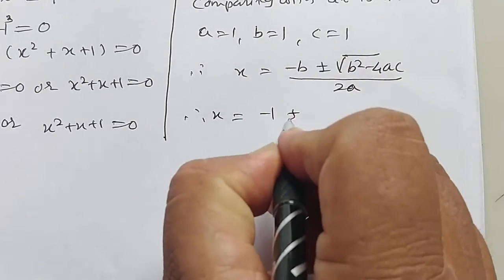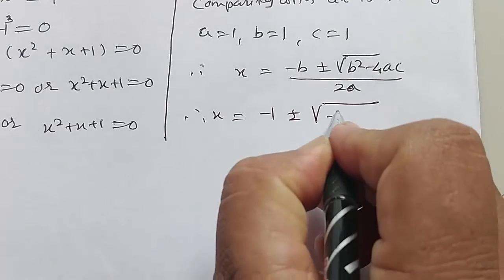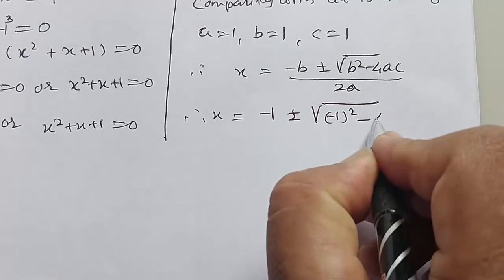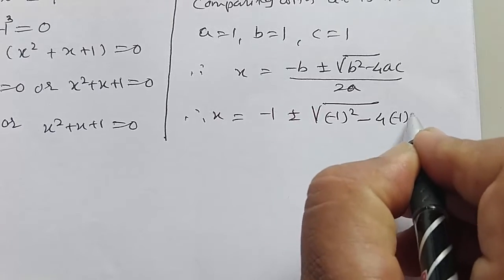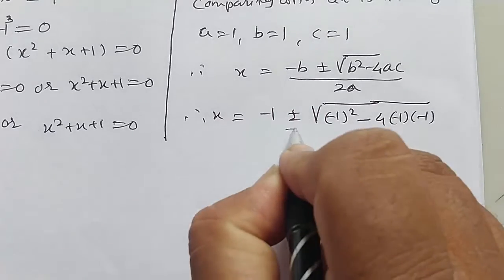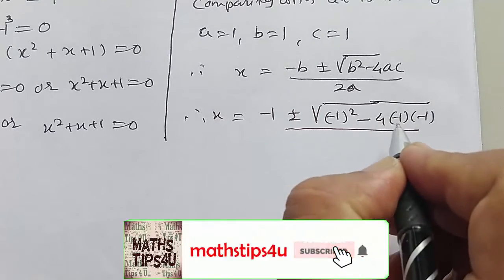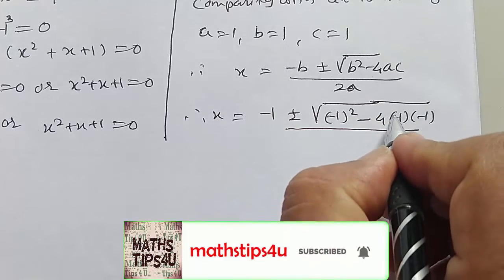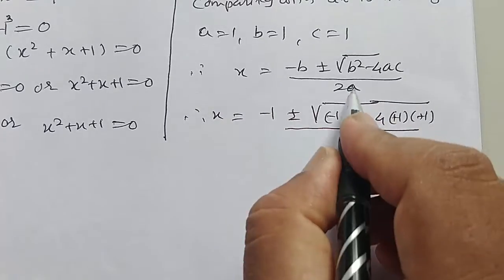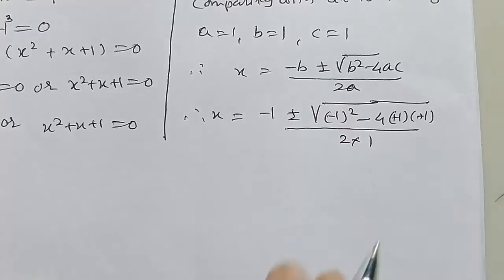So it is minus 1 plus or minus under root of 1 square minus 4 into 1 into 1, divided by 2 into 1.